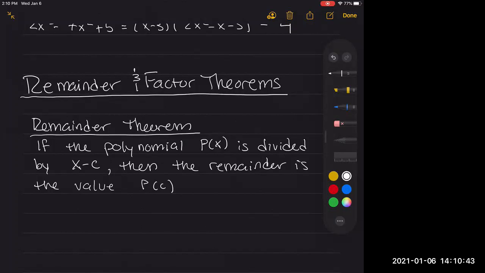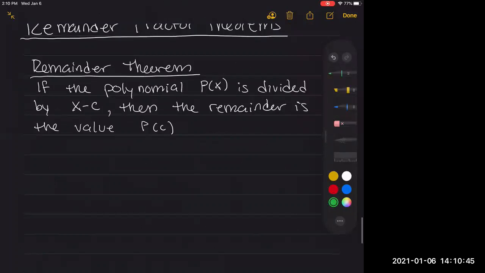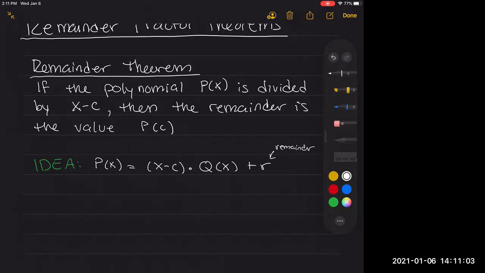All right. So the big idea with this is that if we have p of x equals x minus c times our q of x plus r, some remainder. And we can remember from earlier that our remainder is always a degree less than our divisor. And since our divisor is just an x, this means that our remainder has to be a constant.